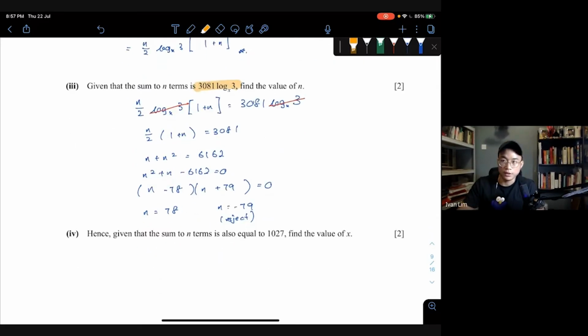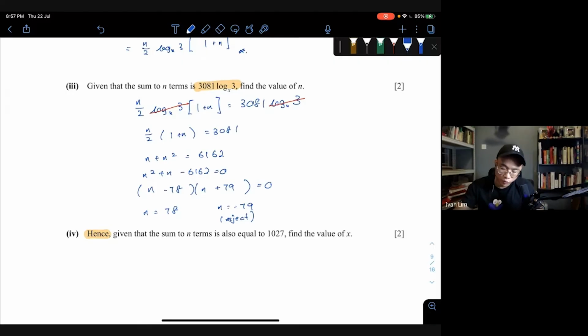Okay, and then hence, given that the sum to n terms is also equal to 1027. Okay, so whatever we just found, they say it is also equal to 1027. And the n we just found was 78. Find the value of x.